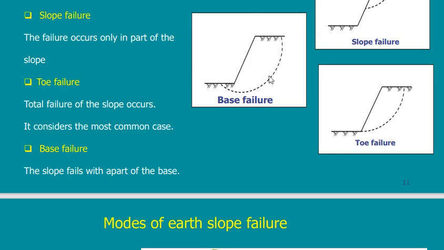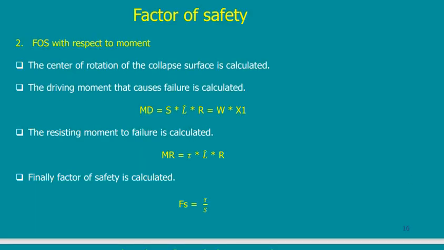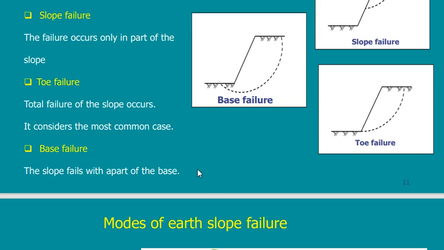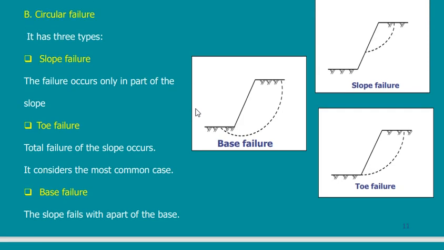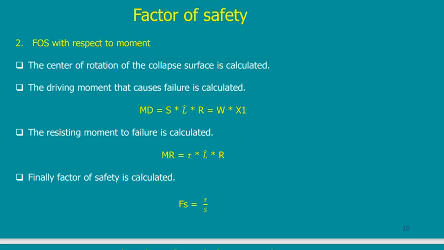So how do we calculate these forces? We have two types of forces that we need to calculate. These two forces, we are going to discuss when we check the next section of the lecture. But let's now go to the calculation of the factor of safety.